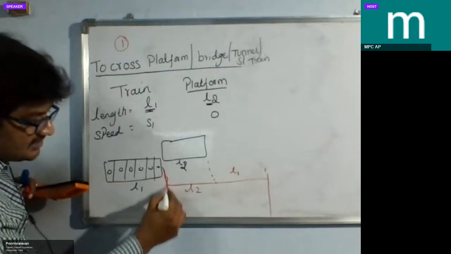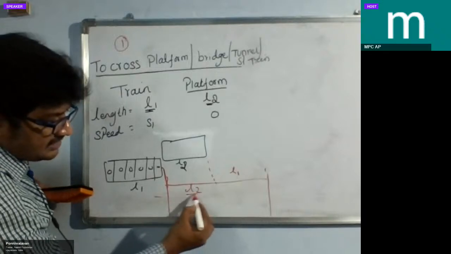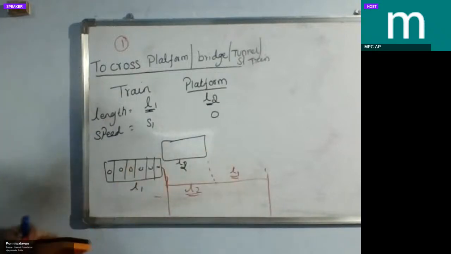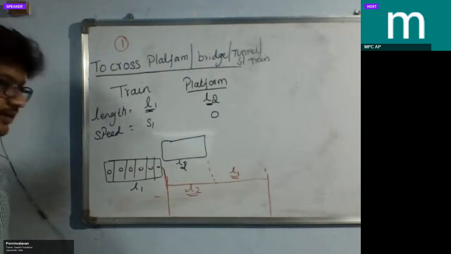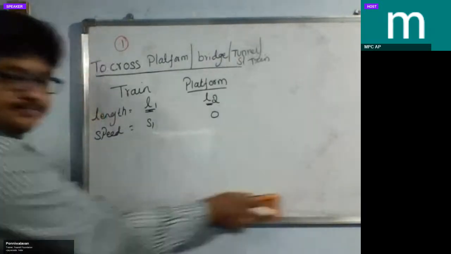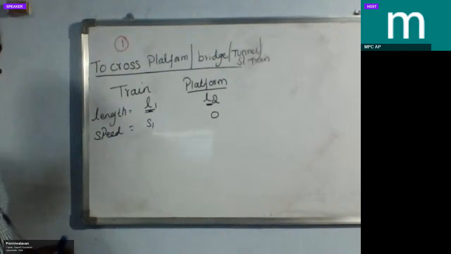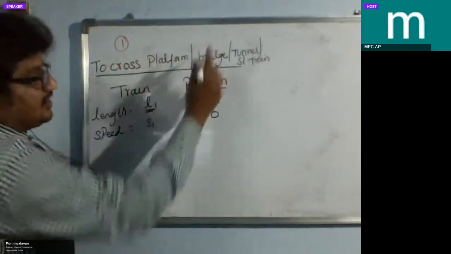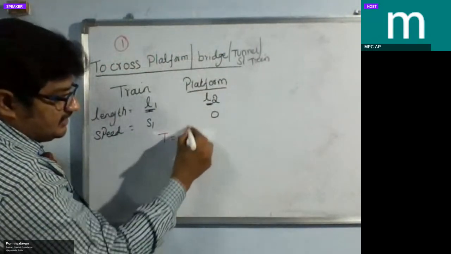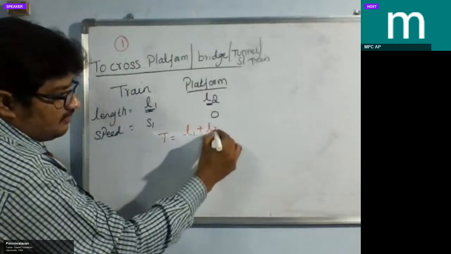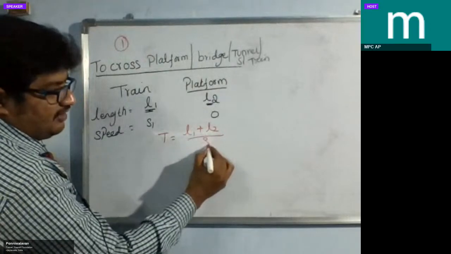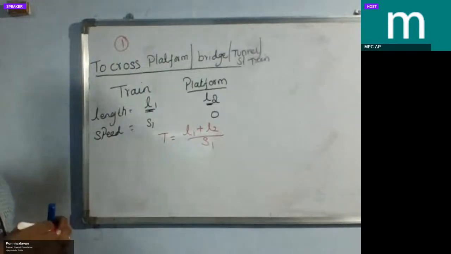So what is the distance traveled by the train? It is L2 plus L1. Are you clear now? So the time taken to cross the platform: the distance traveled is L1 plus L2 and the speed of the train is S1.